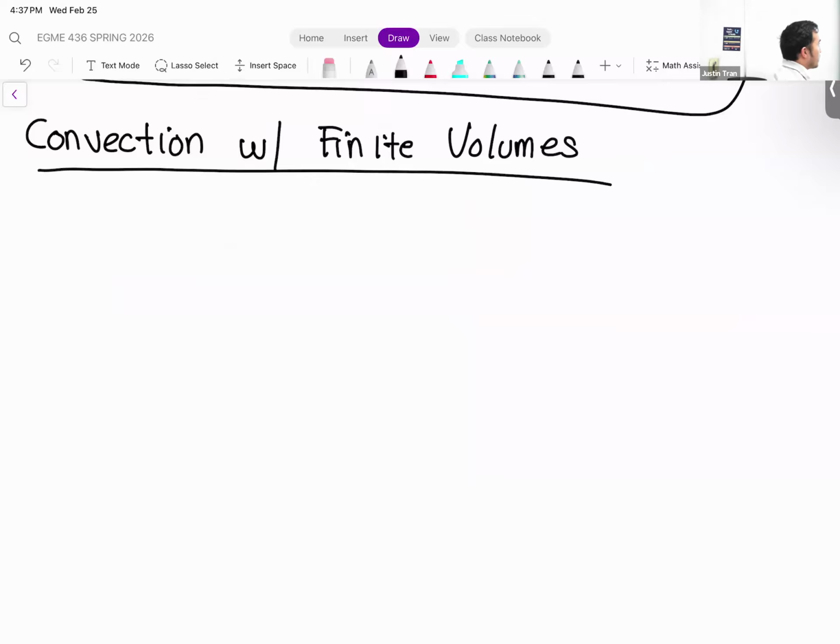There's going to be a lot of repeat information here because we've already done convection with finite differences. So I don't really need to explain what convection is, but for completeness, convection is the forced transport of a material through a moving fluid.